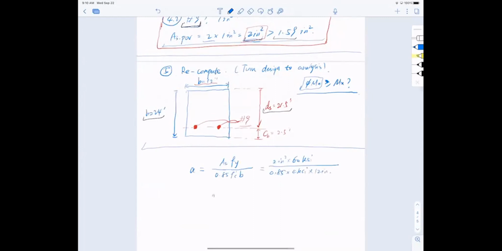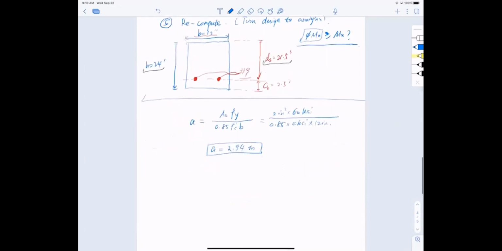So with that, a now I got is 2.94 inch. And this is the effective compressive zone given 2 number 9 bars at a location of 21.5 inch of depth. From there, I can get my actual compressive zone c equal to a divided by beta 1.